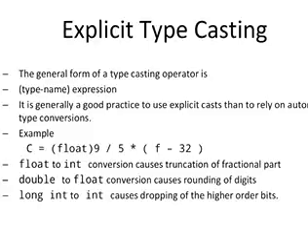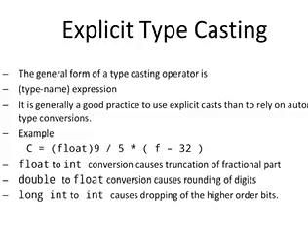Typecasting and explicit typecasting. The general form of a typecasting operator is type name, expression. It is generally a good practice to use explicit cast rather than rely on automatic type conversions. Example, C equal to float, so that is the type name, 9 by 5 into f minus 32.